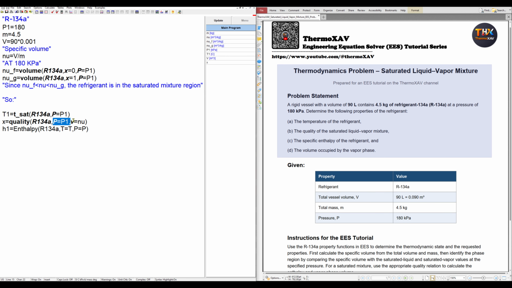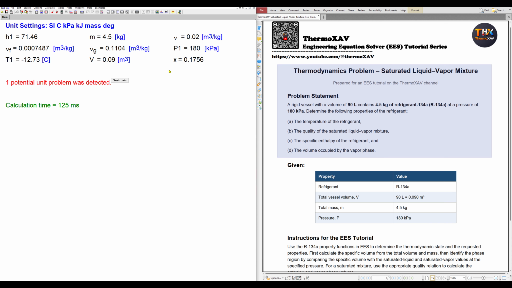And then instead of this TMP, I will use this P1 and also the specific heat. Then I can simply use the solve button and determine H1, which is equal to 71.46.